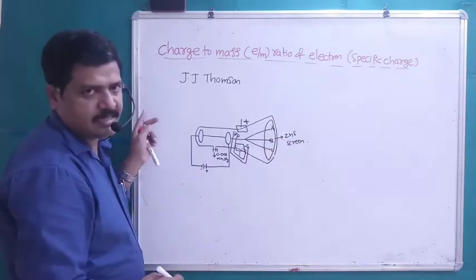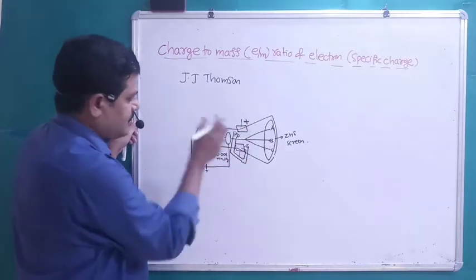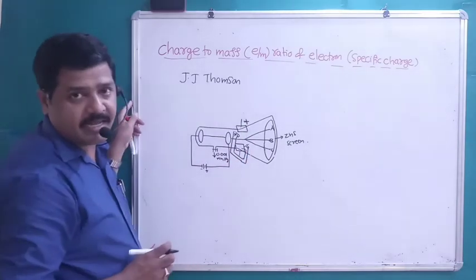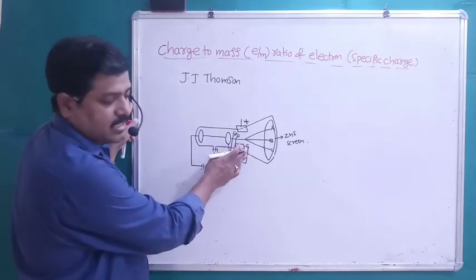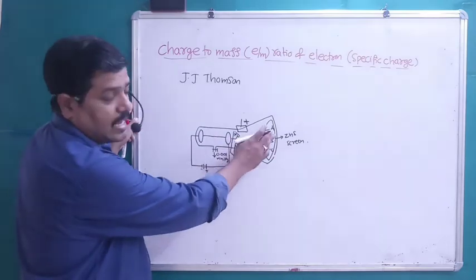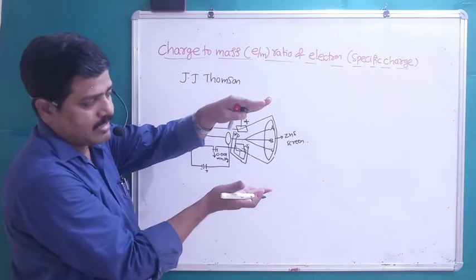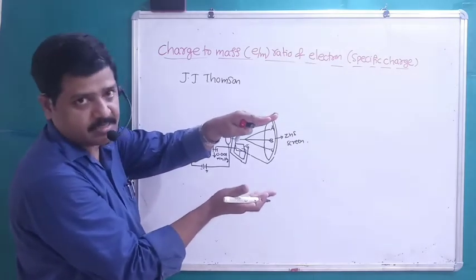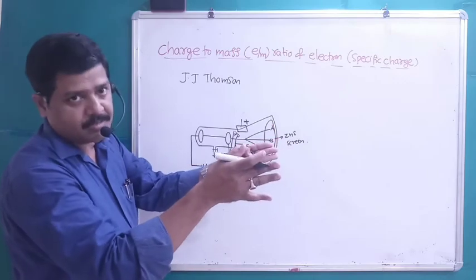Then what he has done is he has applied both the fields, electric field as well as magnetic field, simultaneously, such that they are perpendicular to each other and both are perpendicular to the path of the cathode rays. Two charged metal plates are kept, and the magnetic field is perpendicular to that.